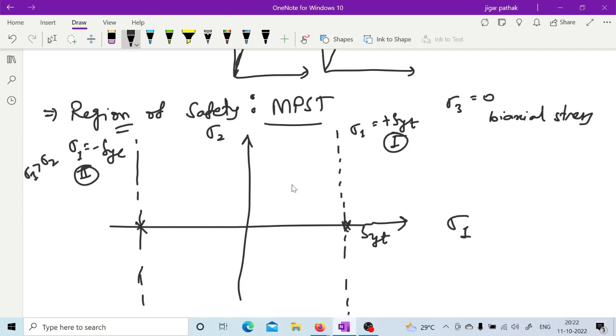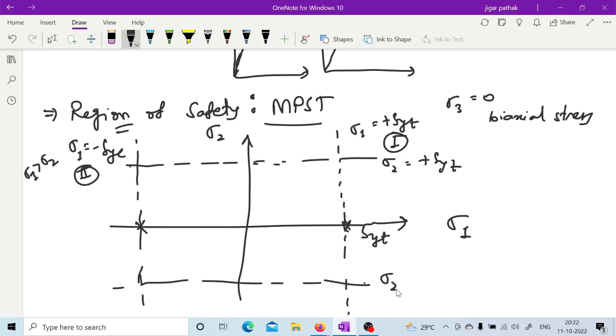Now if we go for sigma 2 greater than sigma 1, then in case of tension you will have a line here which tells sigma 2 is equal to plus S_yt, and in compression you will have a line here which tells sigma 2 is equal to minus S_yc. So this is the third and fourth case where sigma 2 is greater than sigma 1.